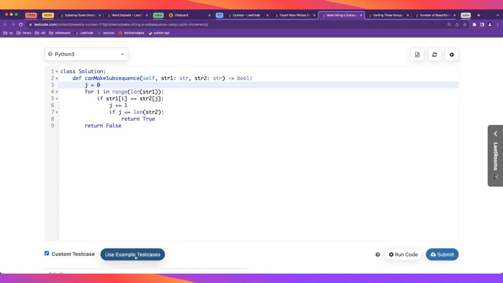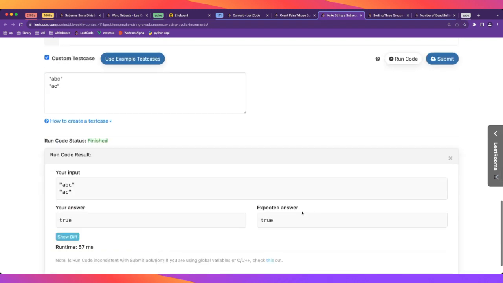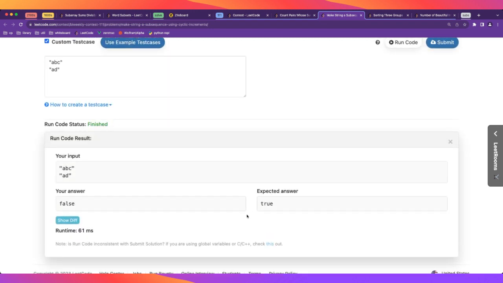So this is going to work for the cases where the string is already a substring. For example, if we have AC, this should give us true, but if this was AD, like in the example, we're gonna say false, but the answer should be true.